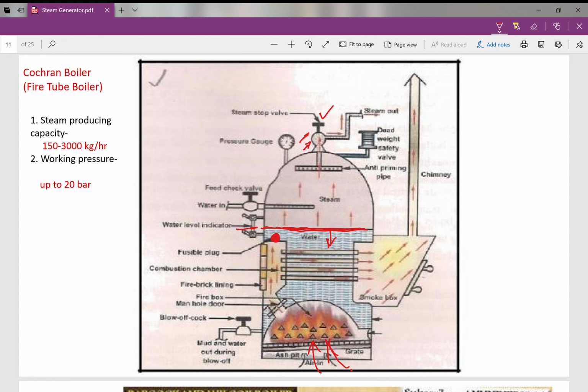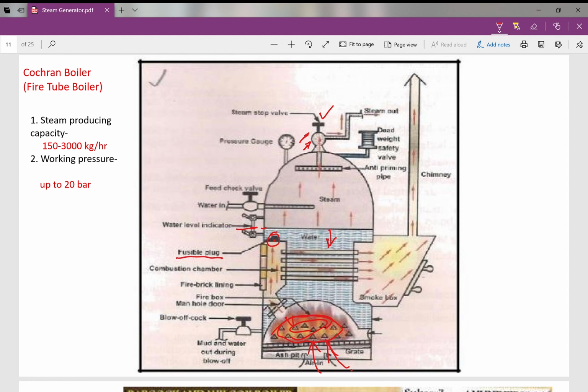Due to the high temperature overheating, this fusible material melts and a hole is created, and then steam and water, due to pressure, come down and extinguish the fire. So only this small fusible plug saves the whole boiler. Henceforth we consider it a safety device.